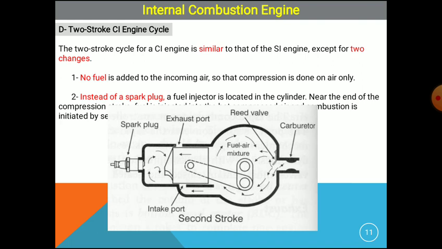No fuel is added into the incoming air, so the compression is done on air only. And instead of a spark plug, a fuel injector is provided, located in the cylinder. This is the difference, some small changes that we have to consider while studying the two-stroke CI engine.